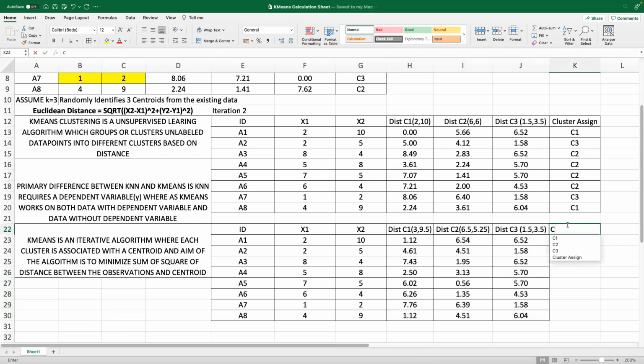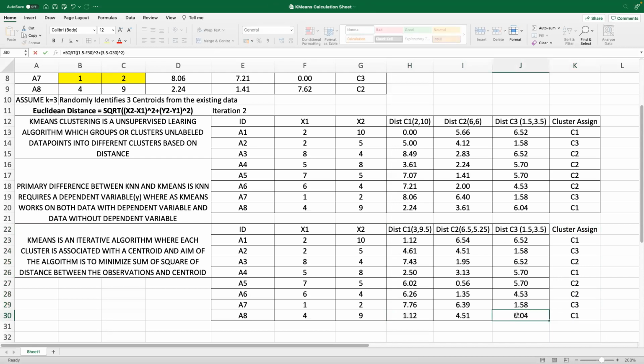Then cluster assignment. This will be C1, this will be C3, this will be C2, this will be C1. Again, we have a change. This will be C2, this will be C2, this will be C3, this will be C1.